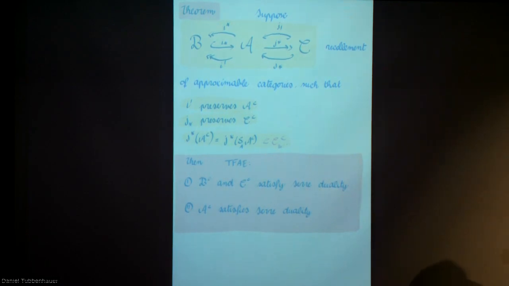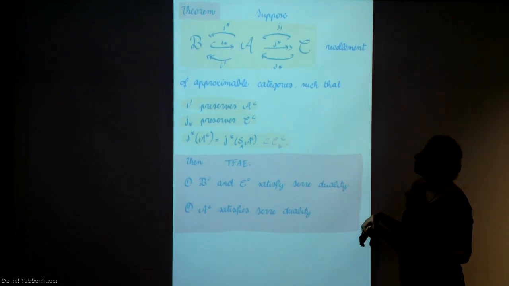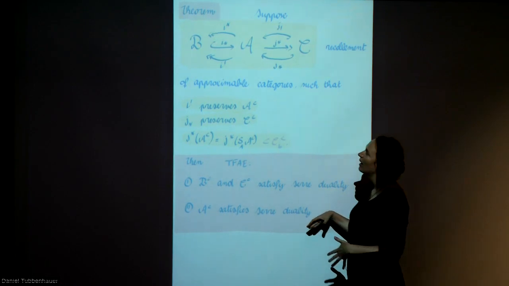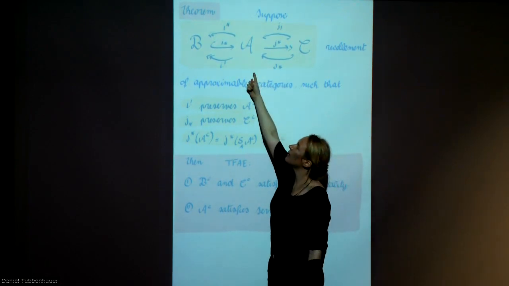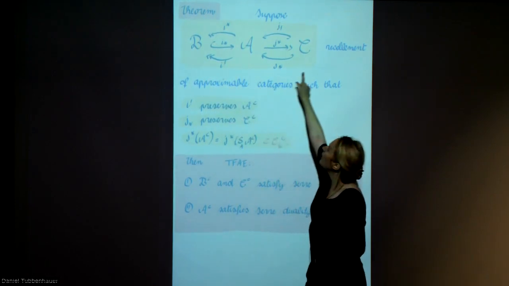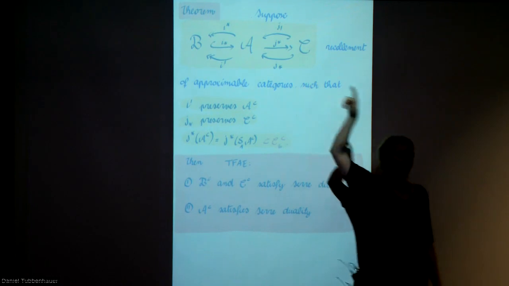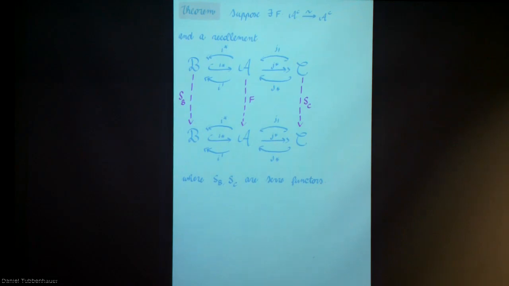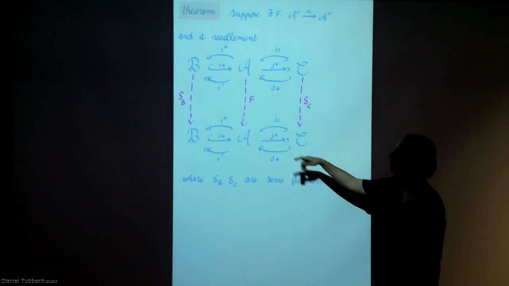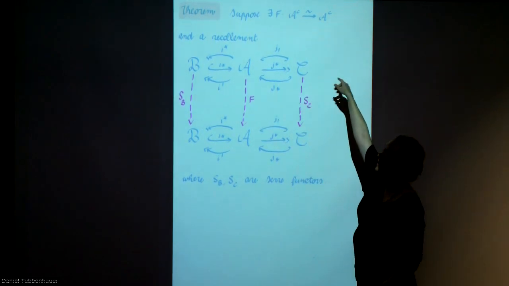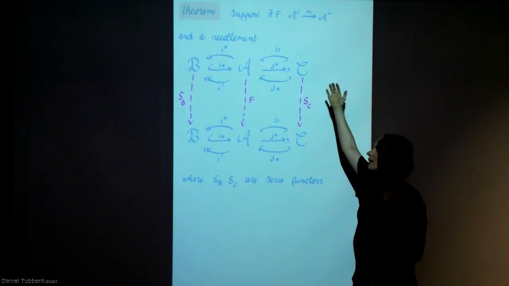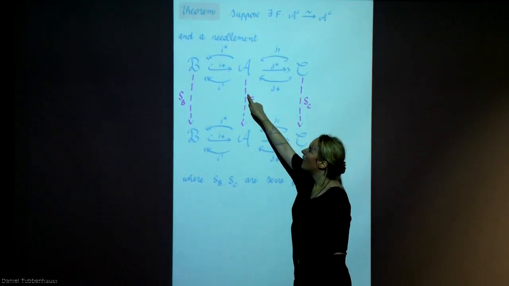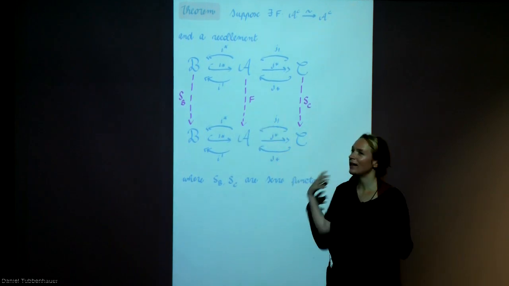The other bad news that we had was that it was hard to construct Serre functors. And so it would be good if we could actually construct a Serre functor on A from a Serre functor on B and a Serre functor on C. I do not know how to do that, but I do know that if you start off with a good guess, so if you start off with some functor F, some other equivalence of the compacts, then you can test whether it is a Serre functor.